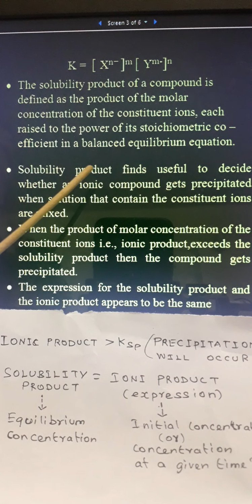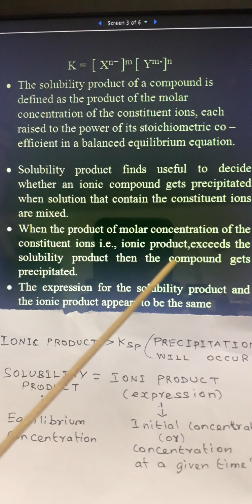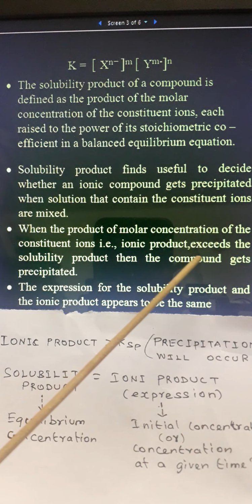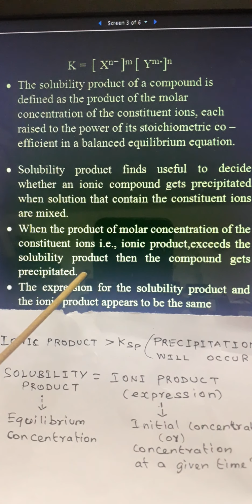When the ionic product exceeds the solubility product, then the compound gets precipitated.